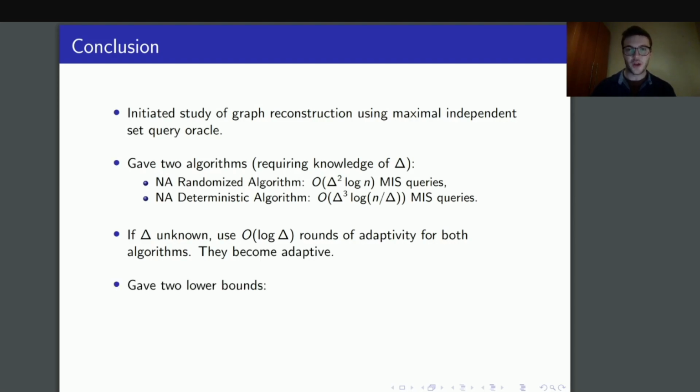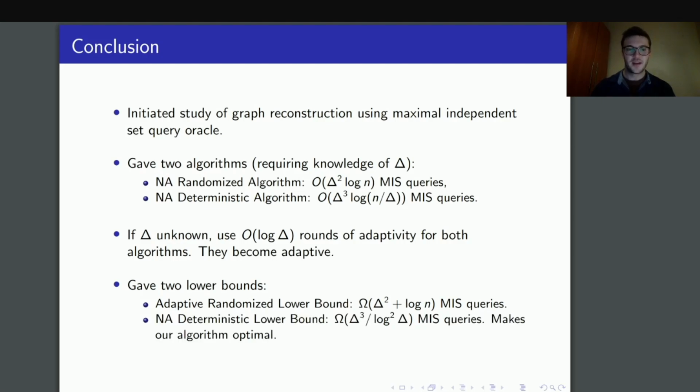We also gave 2 lower bound results: for all adaptive randomized algorithms, a lower bound of omega of delta squared plus log n maximal independent set queries, and for non-adaptive deterministic algorithms, a lower bound of omega of delta cubed over log squared delta maximal independent set queries. Note that this non-adaptive deterministic lower bound renders our non-adaptive deterministic algorithm optimal up to polylogarithmic factors.